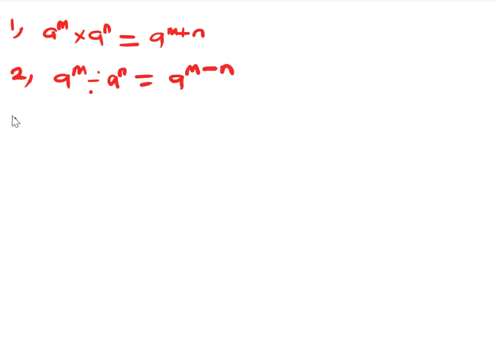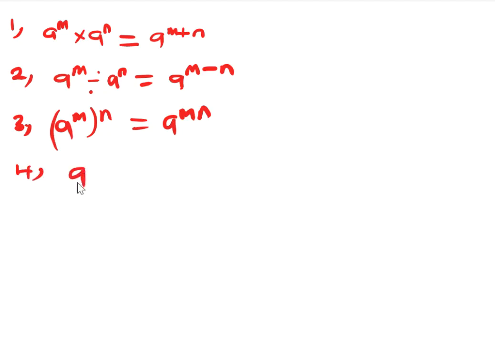Then the third one is the power rule. If I have a raised to power m, all raised to power n, it is the same thing as a raised to power mn. The fourth one is the fractional index rule. If I have a raised to power 1 divided by n, it is the same thing as the nth root of a.